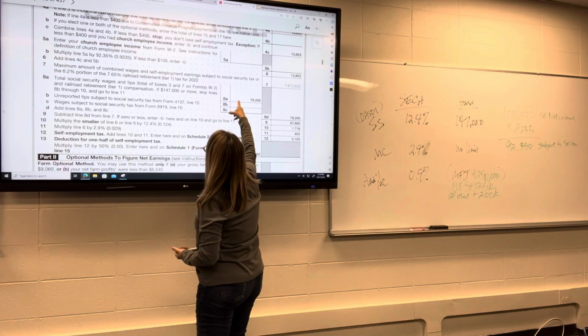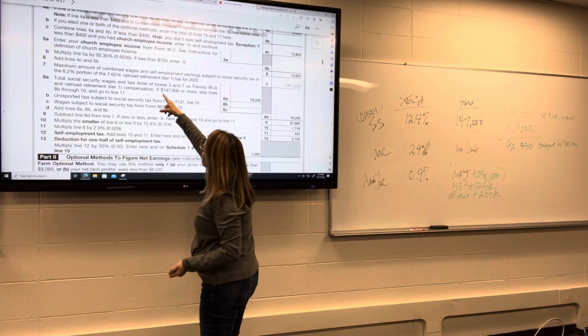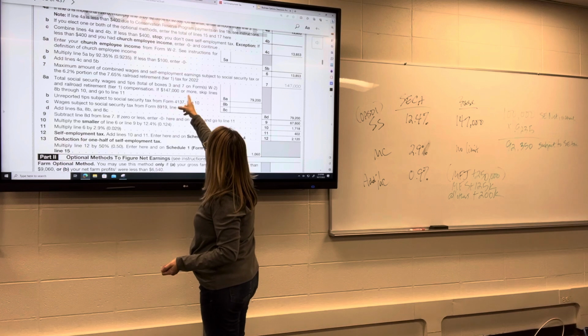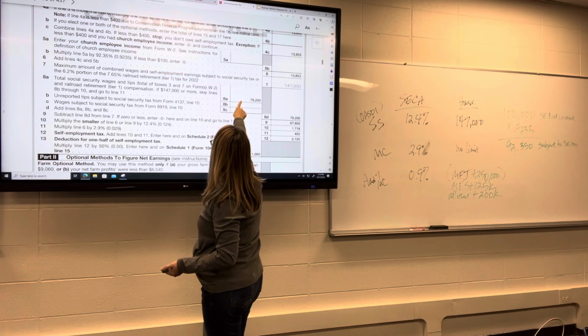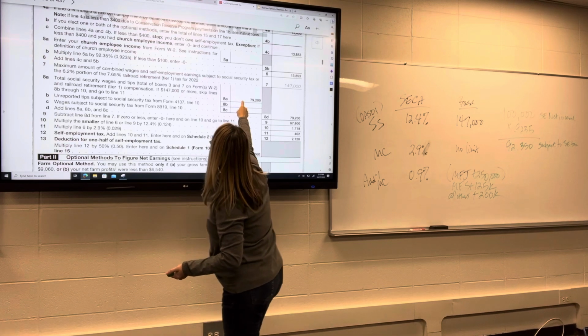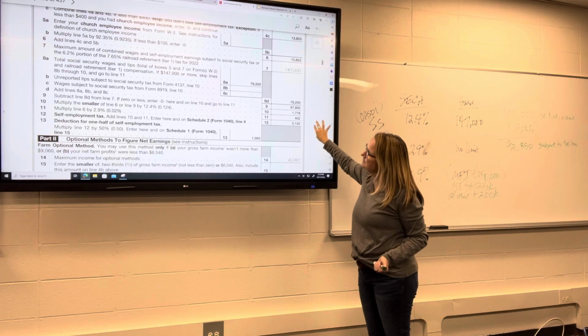So that's why they've got this here. Social Security wages and tips. So this is the total of boxes 3 and 7 on forms W-2. So that's where that 79,200 is coming from. All those are added up.